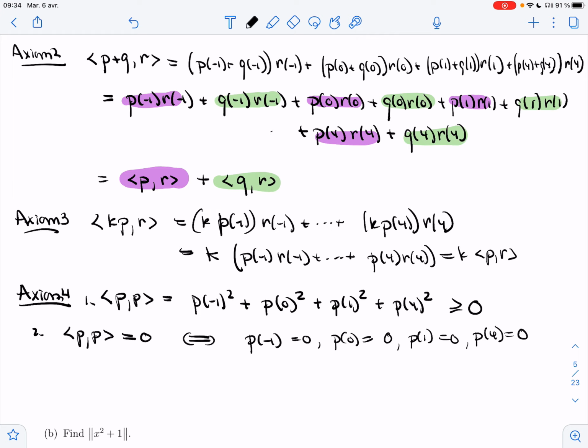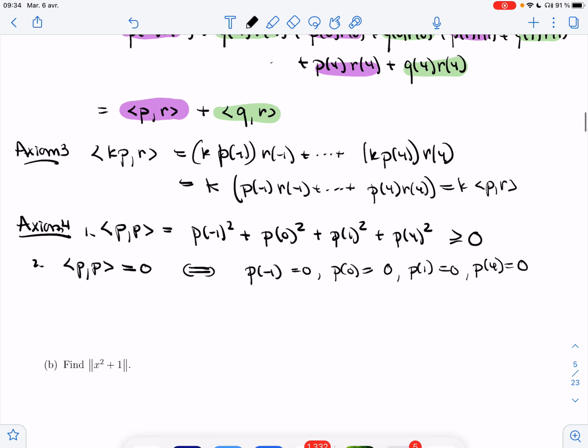So I have 4 different zeros, -1, 0, 1, and 4, for a polynomial of degree 3. But a polynomial of degree 3 usually has at most 3 zeros, right? x minus the first one, x minus the second one, x minus the third one when you factor it.